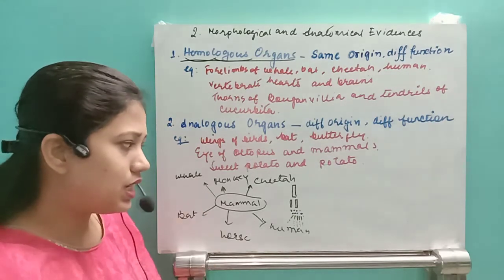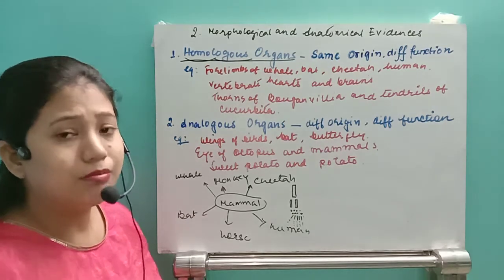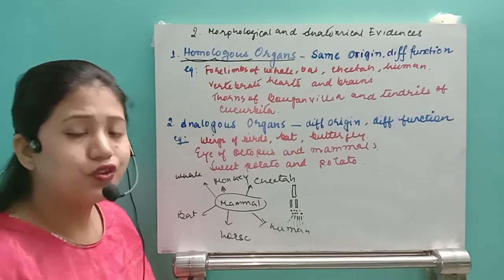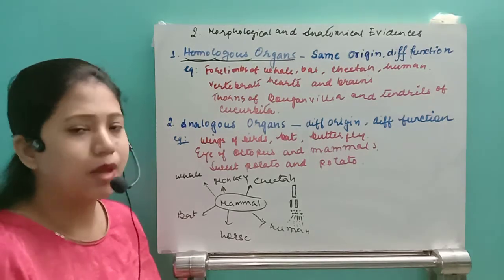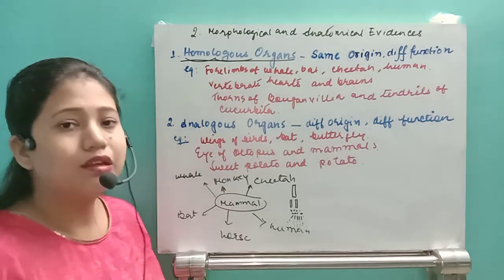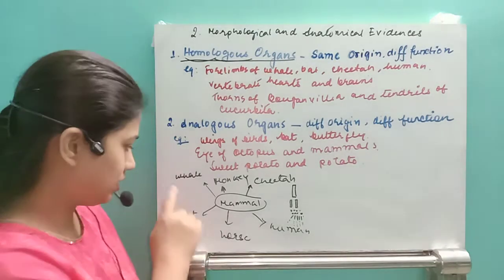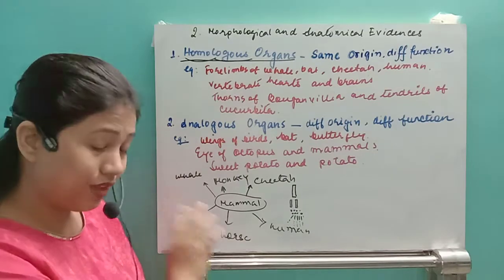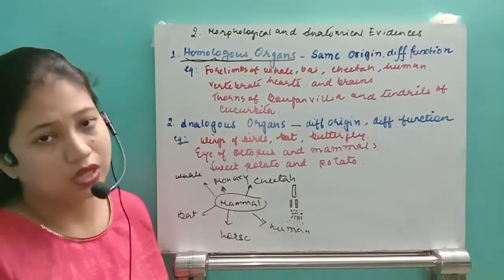Now if you see the structure of limbs in different groups of animals, earlier the whale was not recognized as a mammal. Through a number of experiments, we are now able to understand that the whale is a mammal, and even the bat is also a mammal. How can we get this?